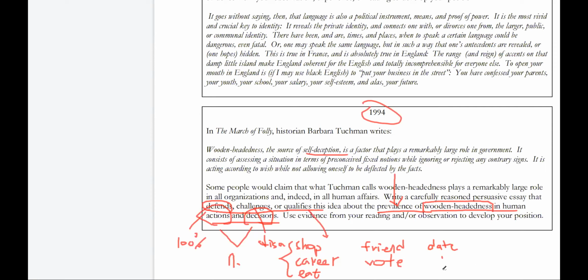Now we can divide actions or decisions, whatever we conduct in our daily life, and group them. Shop, eat, I probably will say this is consumption.